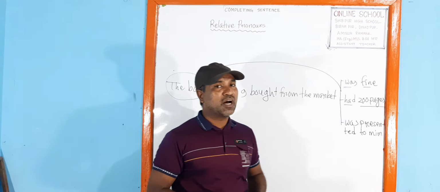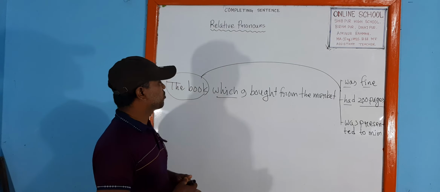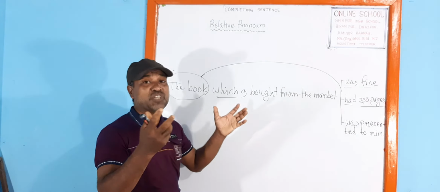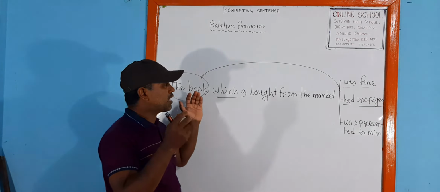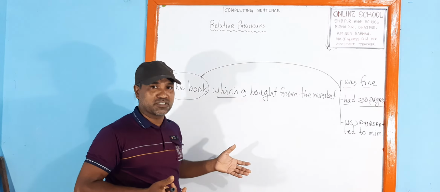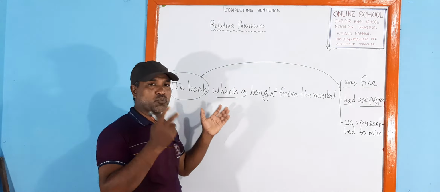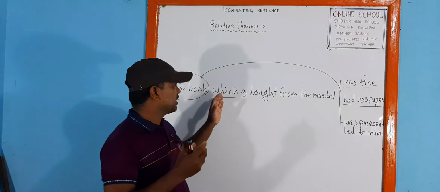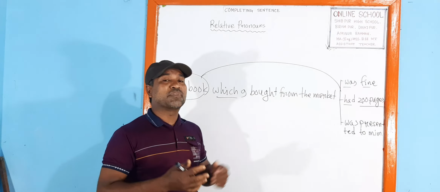So we came to know that "which" is basically used to describe things or objects. And "who" and "whom" are basically used to describe persons. "Who is", "that" and "what" are used to describe things.